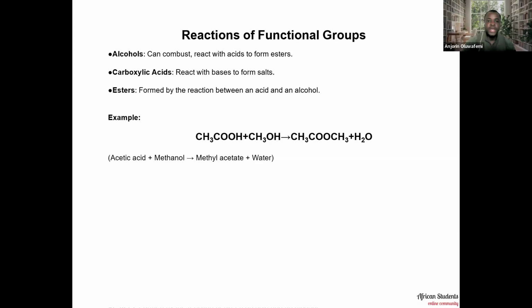Okay. So we have the acetic acid plus methanol to give us methyl acetate plus water. So esters basically have fruity smells and are used in perfume. The methyl acetate is actually an ester, so it has a fruity smell and is used in perfumes.